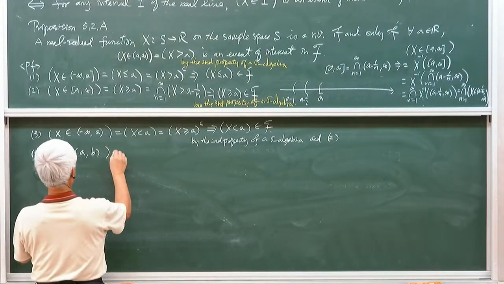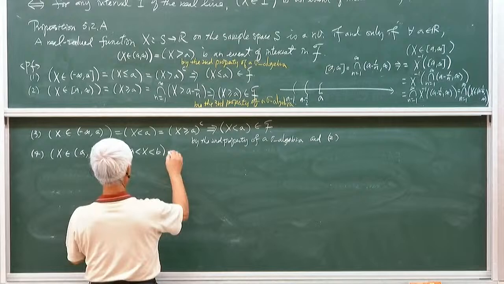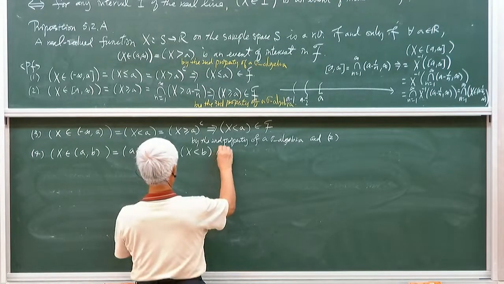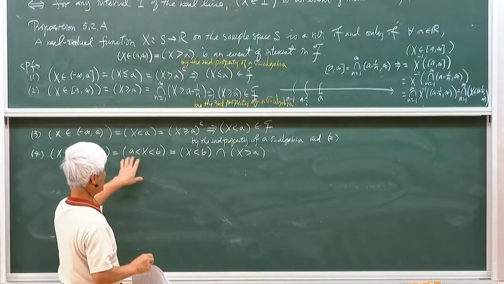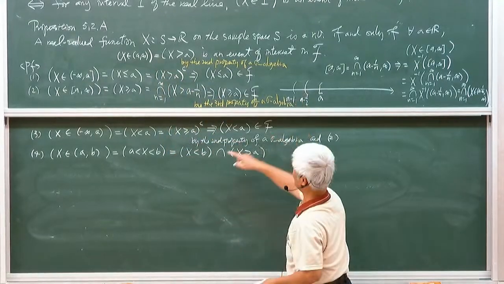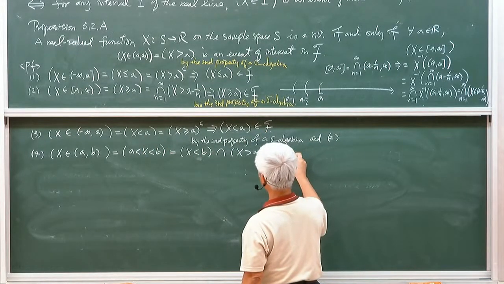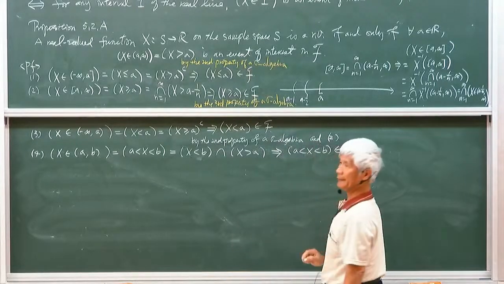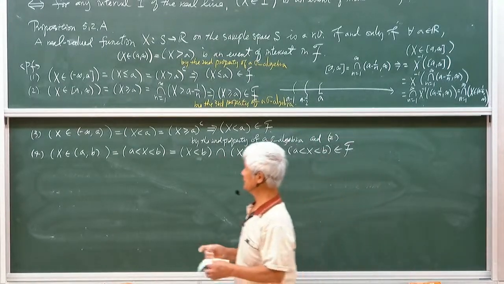All right, so this is equal to X less than B intersect X greater than A. It is the intersection of X less than B and X greater than A. But X greater than A is already, by our assumption, in F, and X less than B is of this type, so it's already in F. So this implies it is in F. This is the intersection of two events of interest in F, so this is also in F.